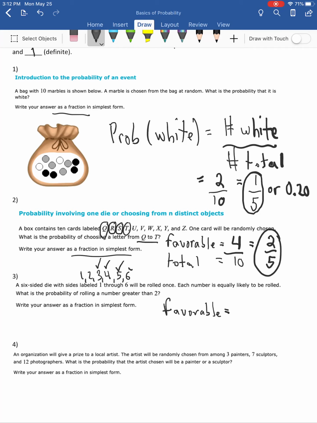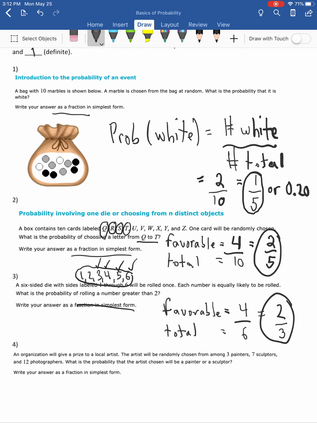So that's 3, 4, 5, 6. We have 4 favorable outcomes, and the total number of outcomes is all of these. Okay, so greater than 2 is 4 out of 6. Answer as a fraction in simplest form. I guess they want these all in fractions. We simplify it, it's going to be 2/3.